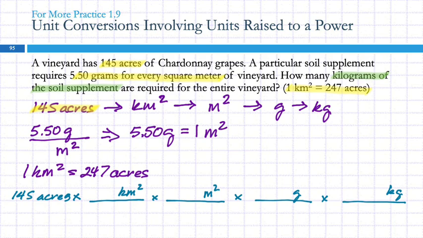So the next step was to take the first unit and divide by that unit so they cancel out. So I'm going to put acres down here. Those cancel out. And then kilometers squared comes down here. So those cancel out.